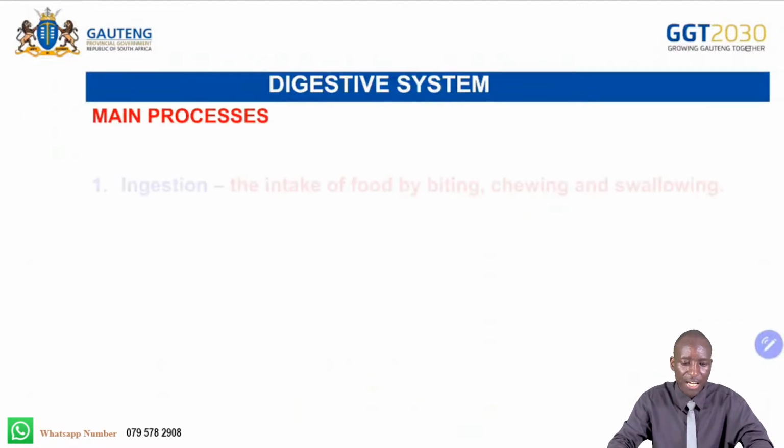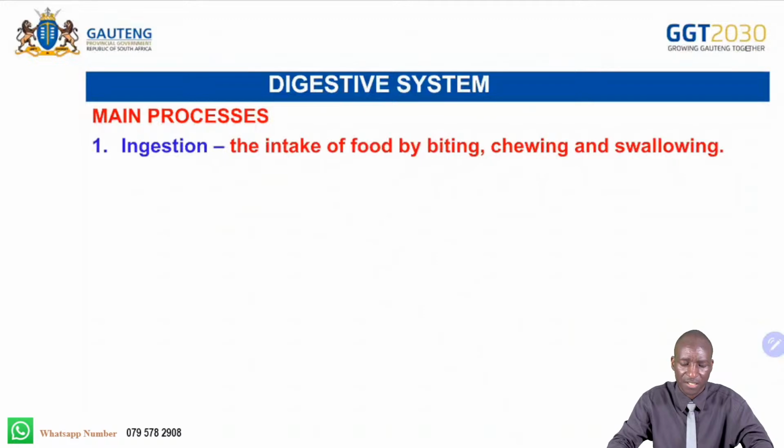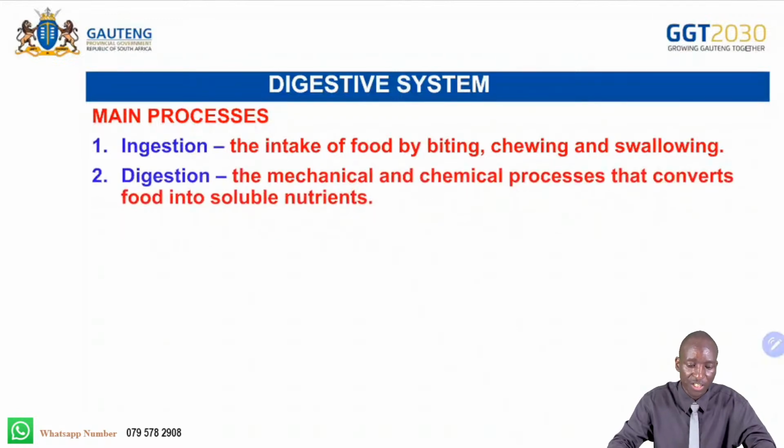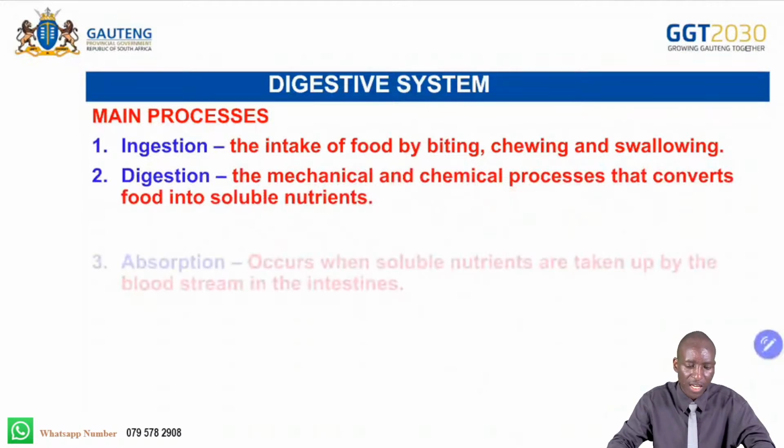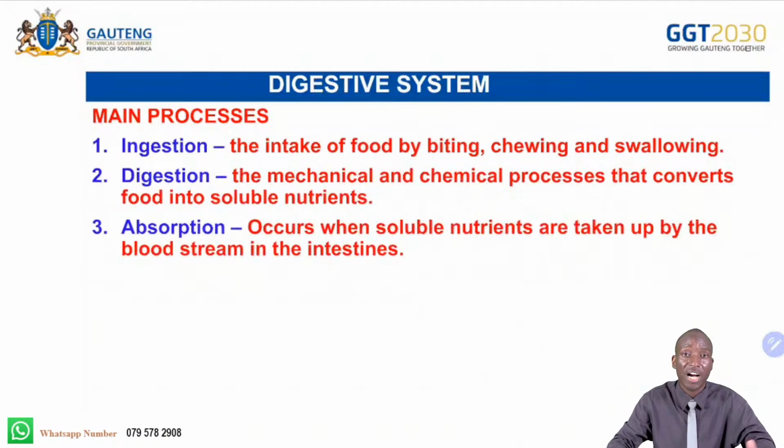Let's look at the main processes of the digestive system. One, ingestion. What is ingestion? The intake of food by biting, by chewing, and swallowing. That's the first process of digestion, which begins in the mouth. What follows? Digestion, the mechanical and chemical processes that convert food into soluble nutrients. The next process is going to be absorption.